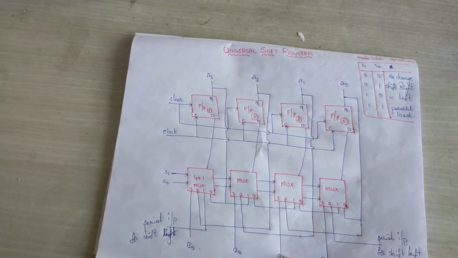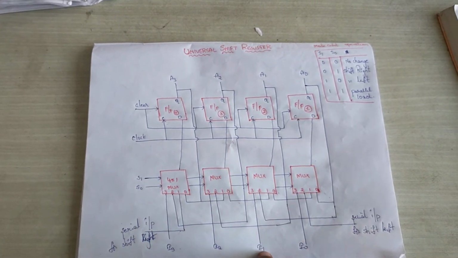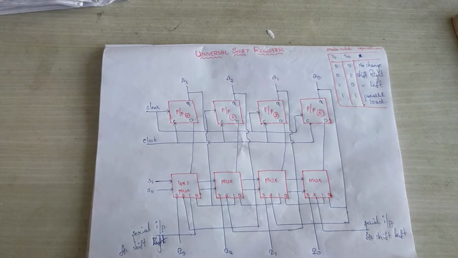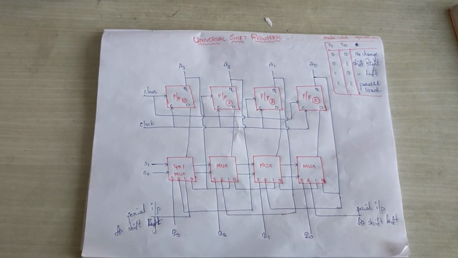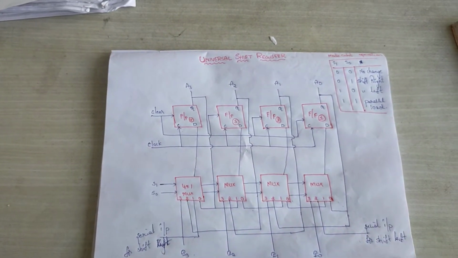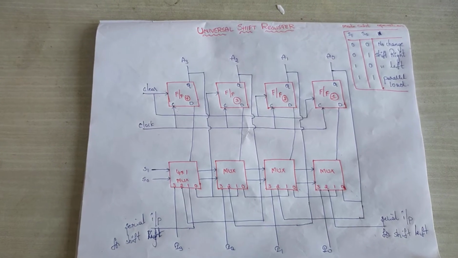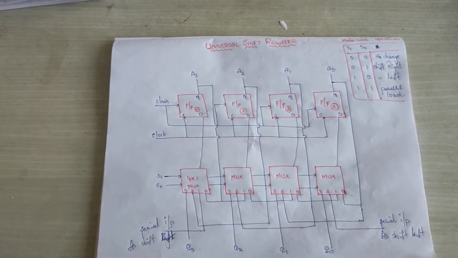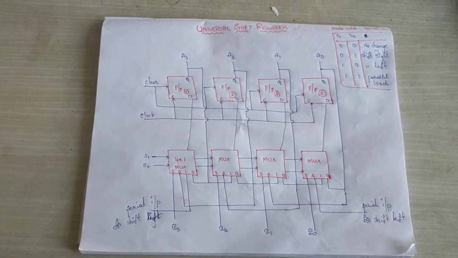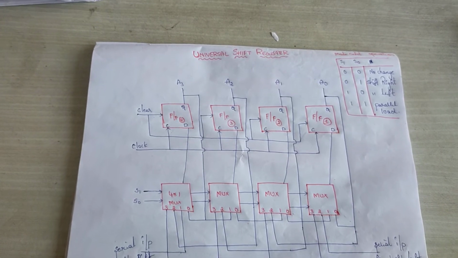That's why it is known as universal shift register. Its inputs may be in serial or parallel form, and its outputs may also be in serial or parallel form. So the definition is: it can take inputs either in serial or parallel form, and it can produce outputs either in serial or parallel form.